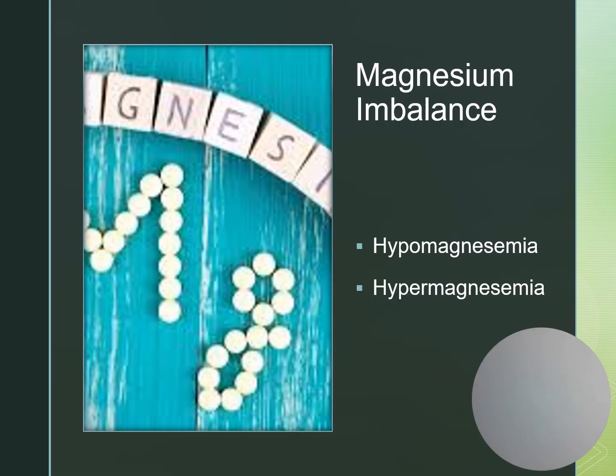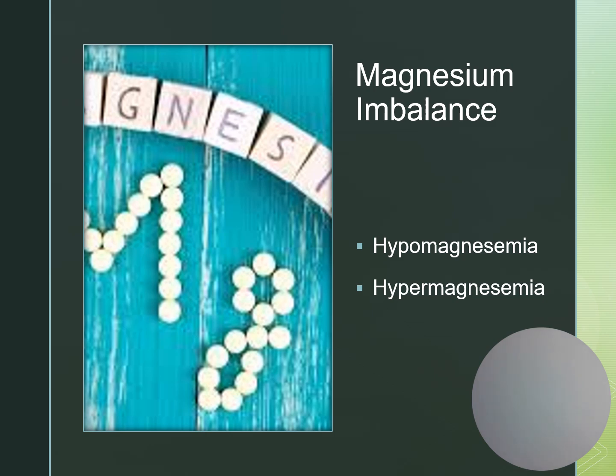Magnesium is going to be involved in the transmission of nerve impulses. It also helps activate enzyme systems, including the functioning of the B vitamins. Our normal levels are 1.3 to 2.1.